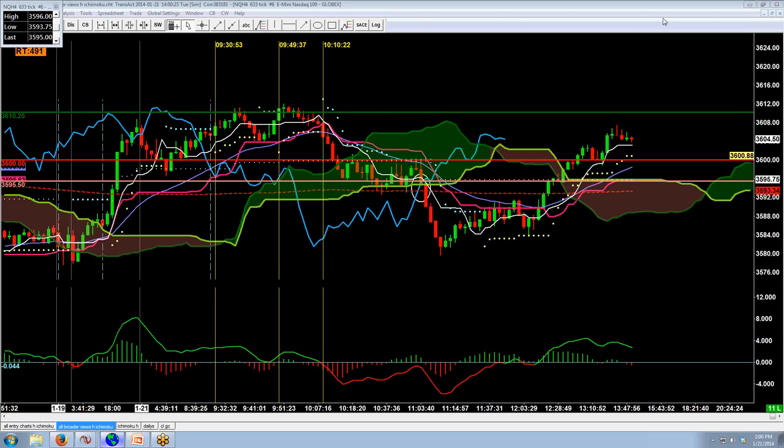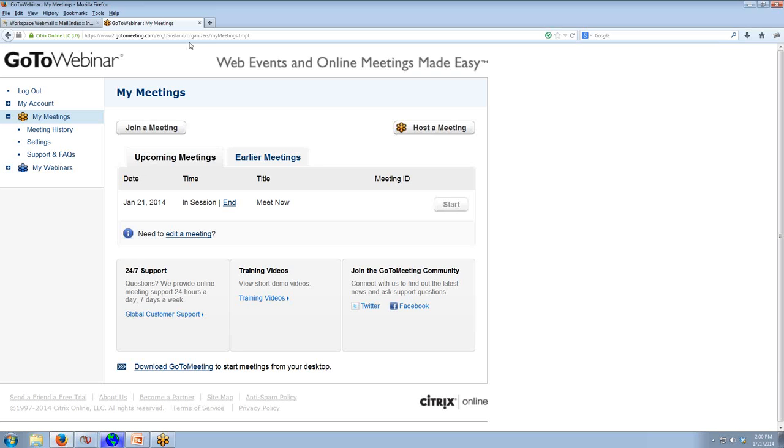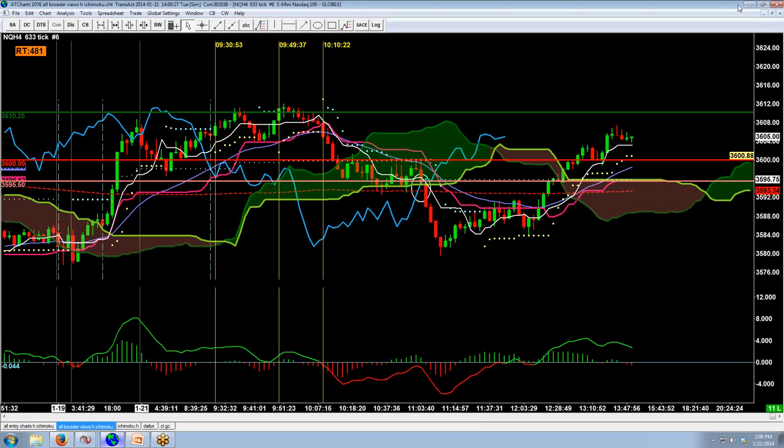Okay, so what you're looking at right now is the NQ on a 633 tick chart, and this is today, Tuesday the 21st of January. It's really important, no matter what setups you're using, to have an idea of where support and resistance are.